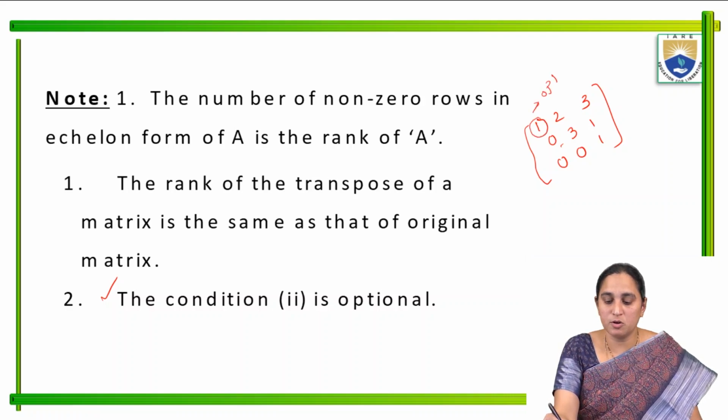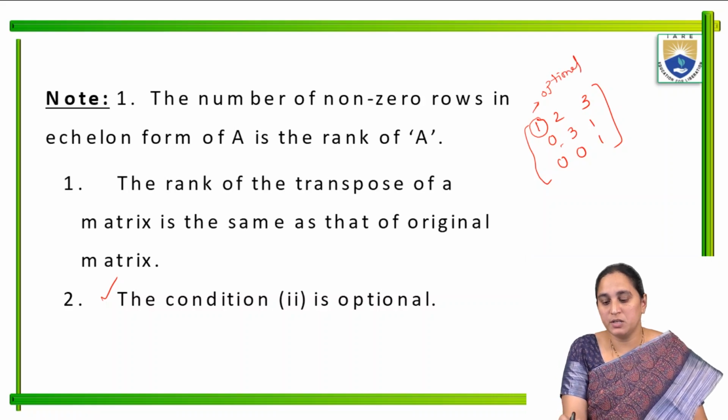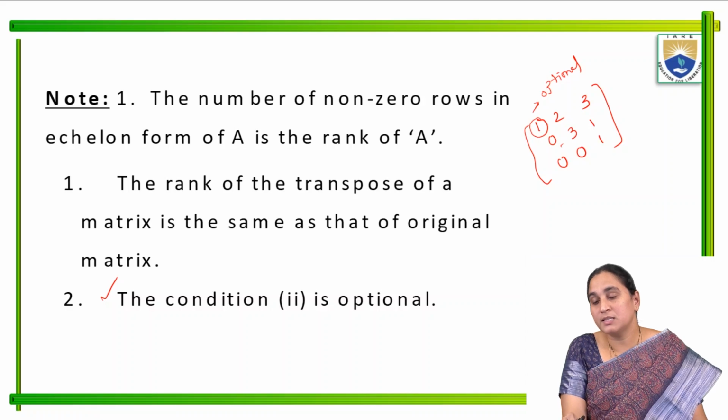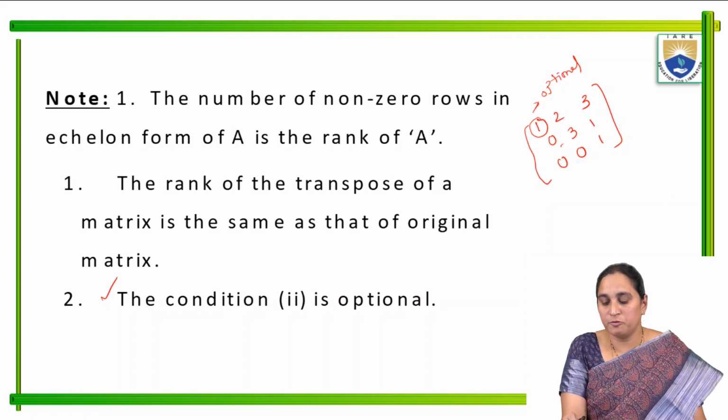Through the definition, observe that the number of zeros is less than the next row's zeros. If that condition is satisfied, then the echelon form condition is satisfied, meaning the given matrix is reduced to echelon form.